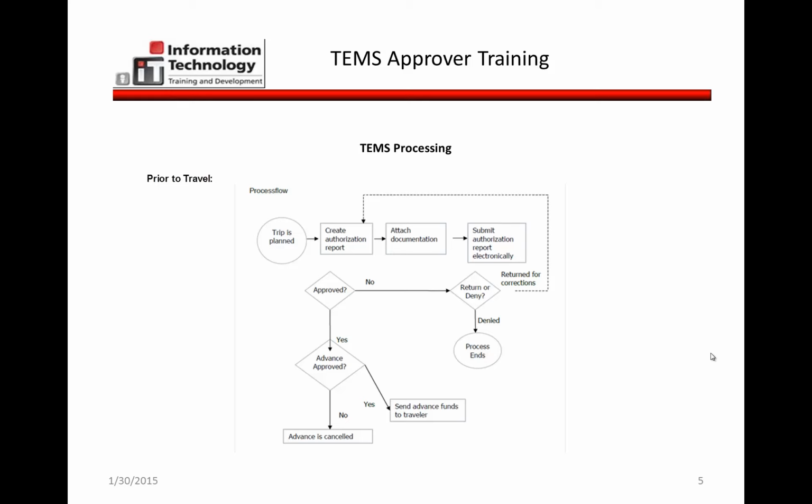This report includes dates and locations of travel, the index or indexes that the travel will be charged against, as well as any expenses such as airfare, hotel, conference fees, etc. Once the authorization report has been completed and submitted, TEMS generates an email notification to the approver that has been identified. This email notification is used to access workflow where the approver has the ability to approve the travel, return it, or deny it.